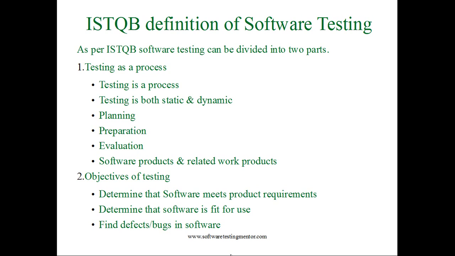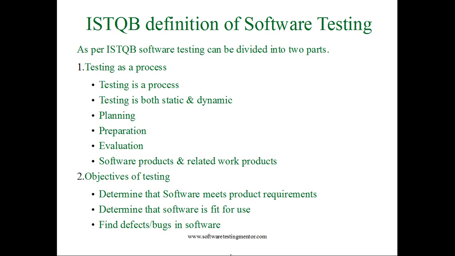Software testing is both static and dynamic. It involves planning, preparation, and evaluation. It also includes testing different software products and any related work products like your user guides, install guides, etc. Then the other part of testing is the objectives.